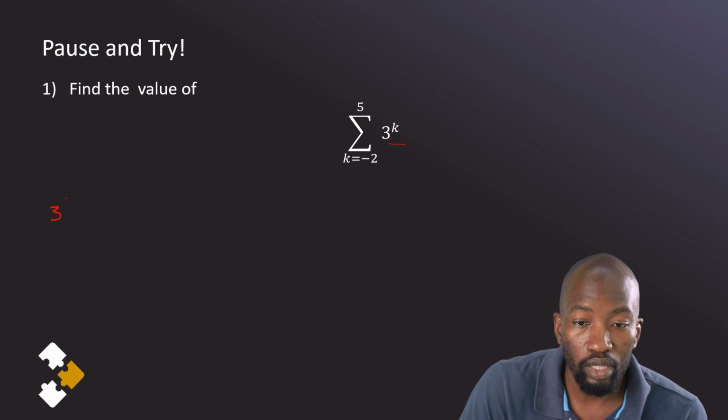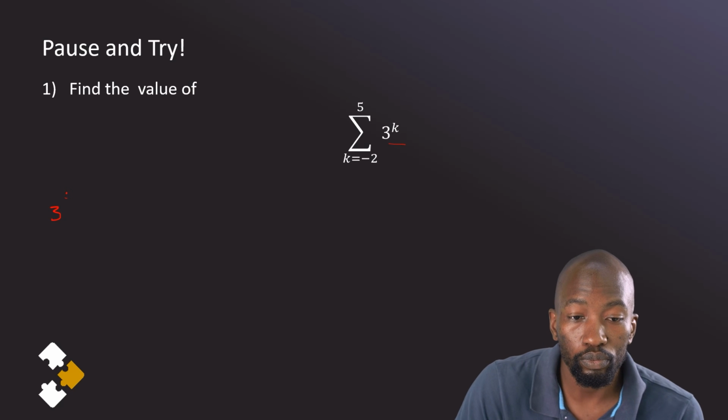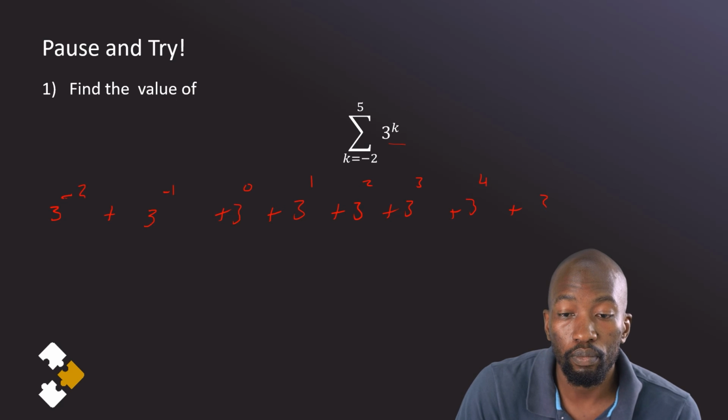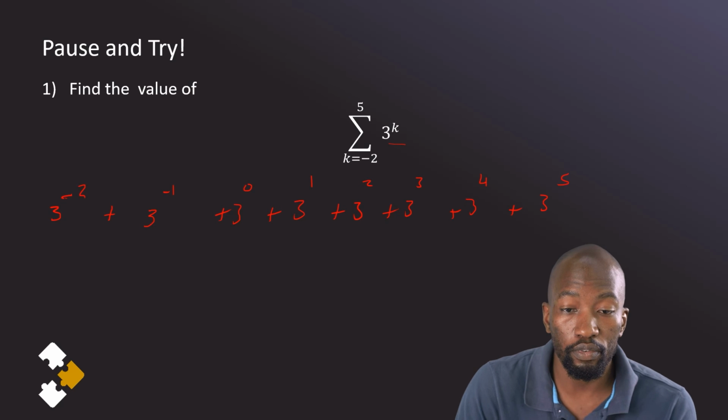So we'll have 3 to the -2 plus 3 to the -1 plus 3 to the 0 plus 3 to the 1 plus 3 to the 2, plus 3 to the 3 plus 3 to the 4 plus 3 to the 5.